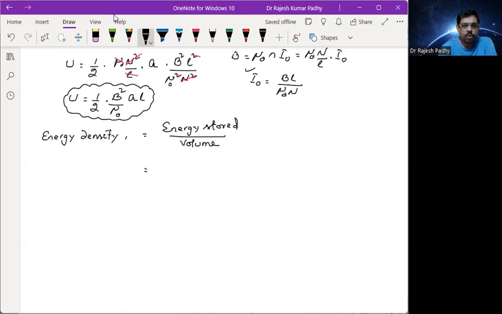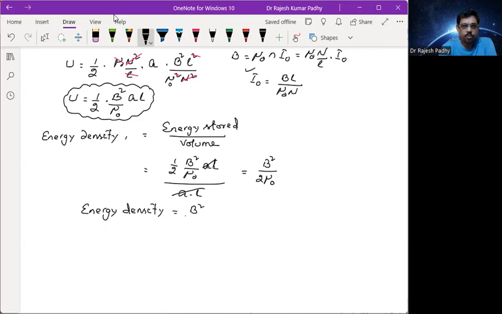The energy stored is half B square by mu 0 A into l, divided by volume, which is area into length, which cancels. That is equal to B square by 2 mu 0. Therefore, energy density is equal to B square by 2 mu 0.